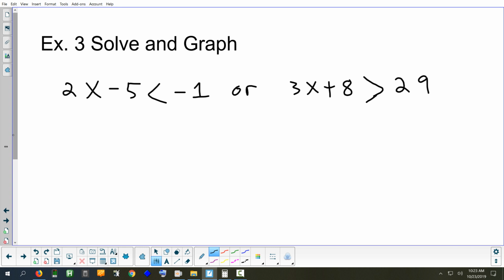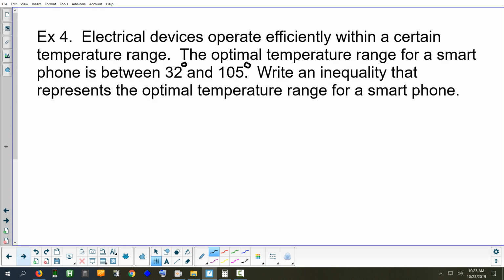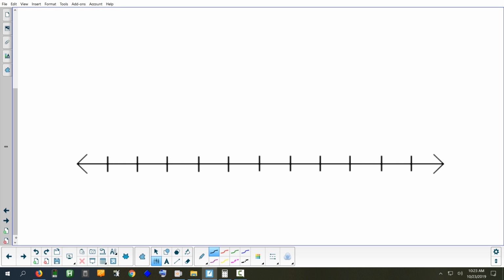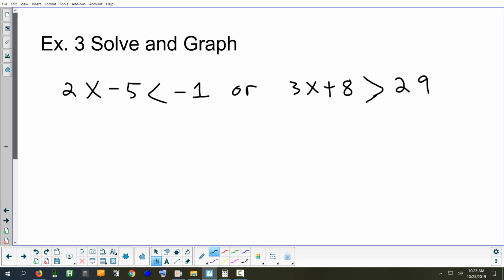All right, so example 3. We've got an or. We've already kind of done these. We can do one more, and then that's our last one. All right, so we'll do this or. Take a second, maybe try that one on your own.